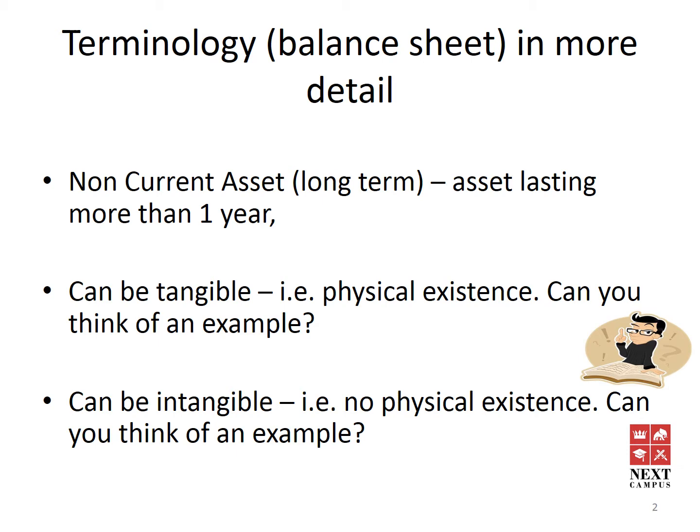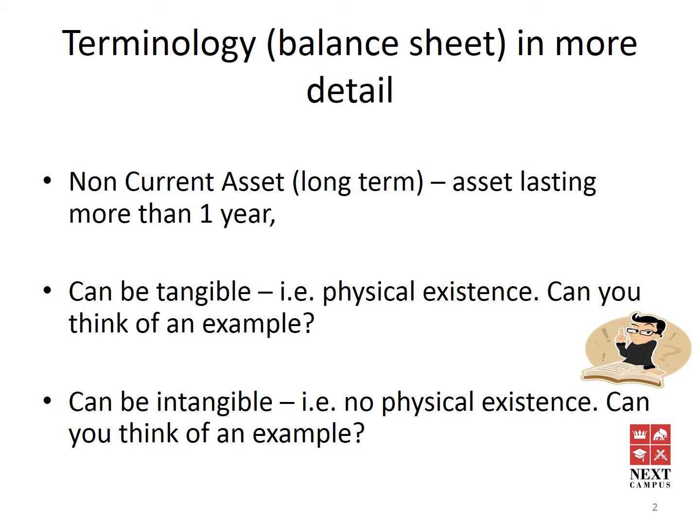They can be tangible, like physical assets. Can you think of an example? Maybe, as I told you, land and buildings, motor vehicles. Or they can be intangible, non-physical assets, like the goodwill of the business. It's an asset, the goodwill. Or royalties the business has.